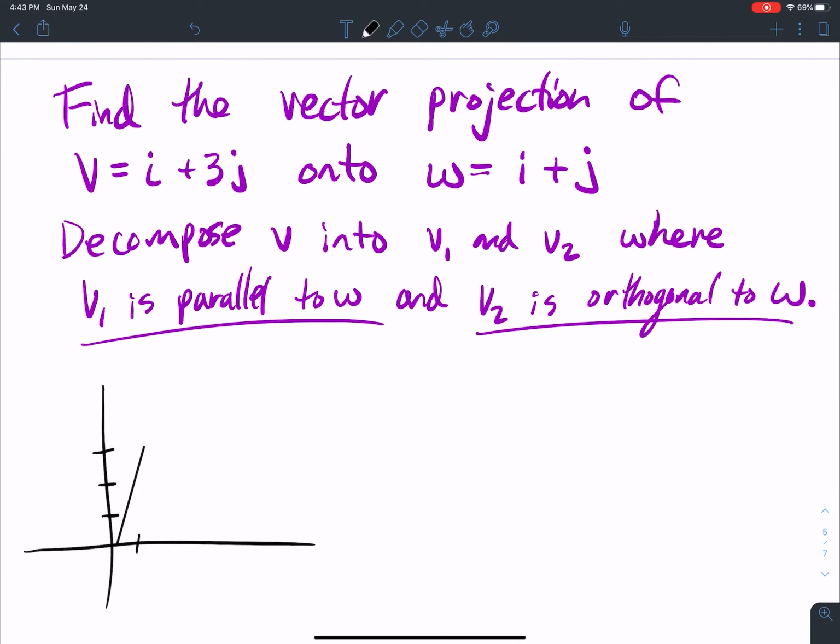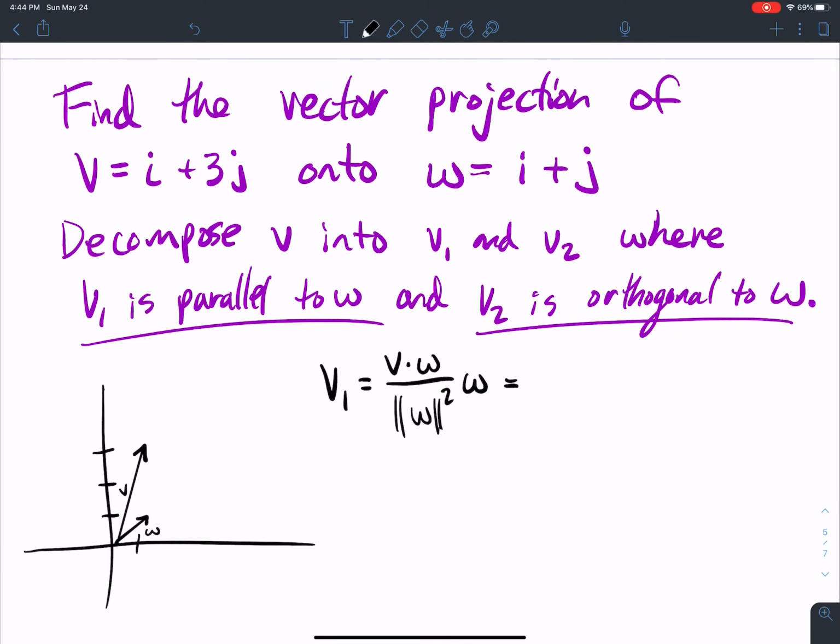So this is my V. And then over 1, up 1, that's my W. And so what I'm looking to do is V1 equals V dot W over the magnitude of W squared, times W.